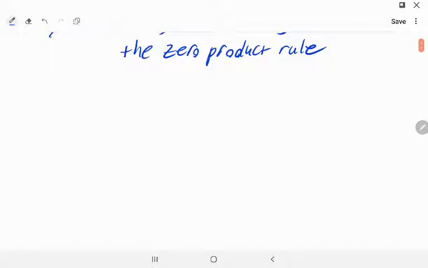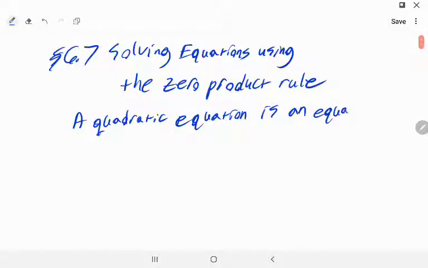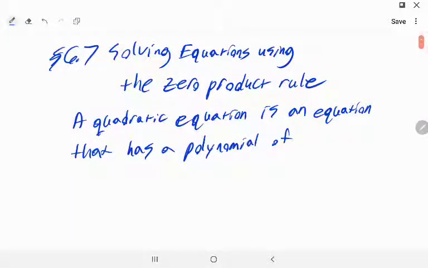So first we notice, I think I've used this term before, a quadratic equation is an equation that has a polynomial of degree 2 equal to 0.